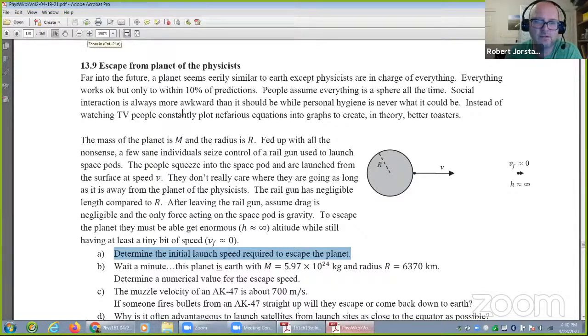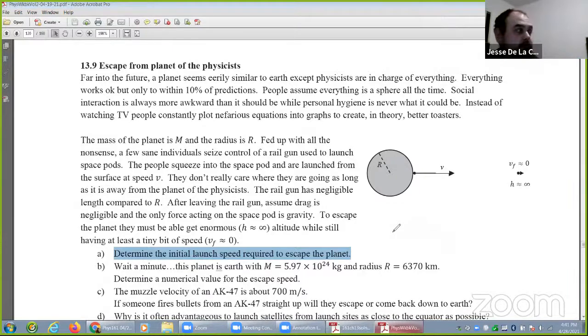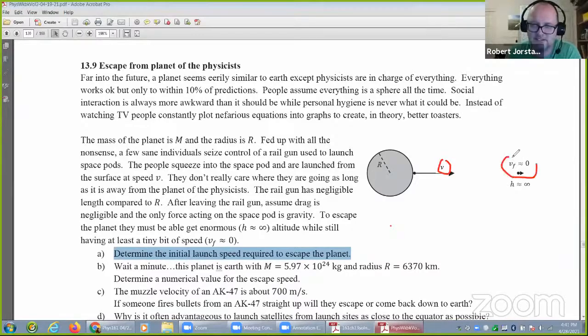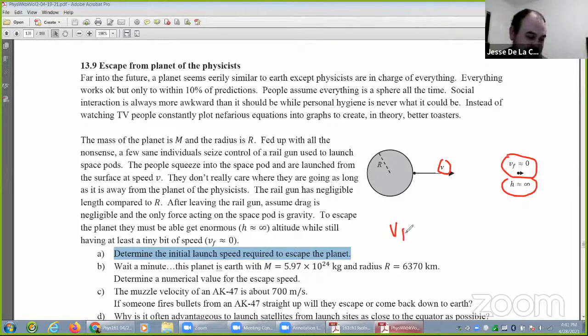Are we going to do kinematics, forces? What do you think? Kinematics or energy? Well, if you do kinematics, what's an equation you might write down? That relates v and v final and some distance. v final x equals v initial x plus the acceleration times t, or a_x t.